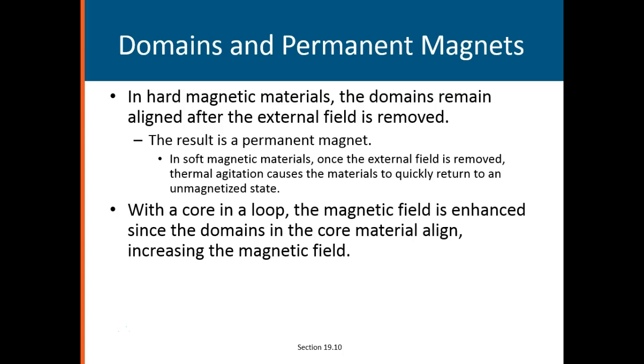With a core in a loop, the magnetic field is enhanced since the domains of the core align, increasing the magnetic field, but once the current goes from the loop, then the magnetic field basically goes to, if not zero, goes down pretty drastically. Okay? So that makes what we call an electromagnet.